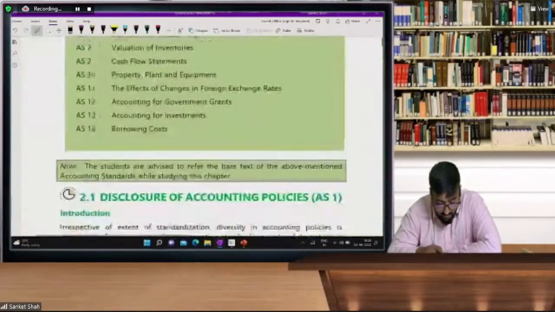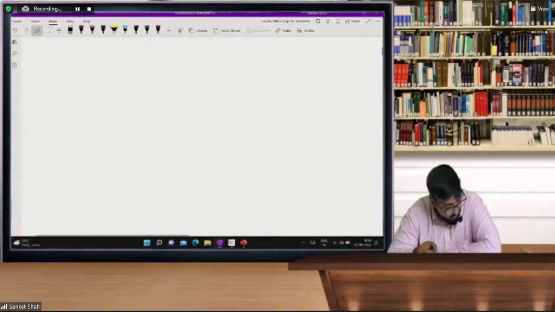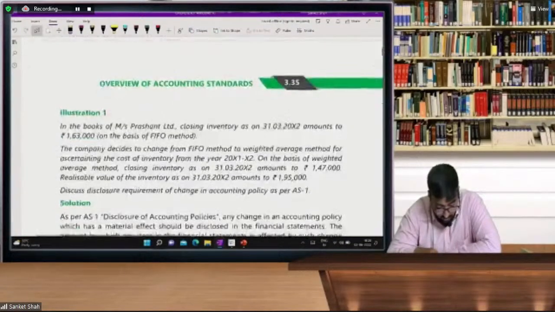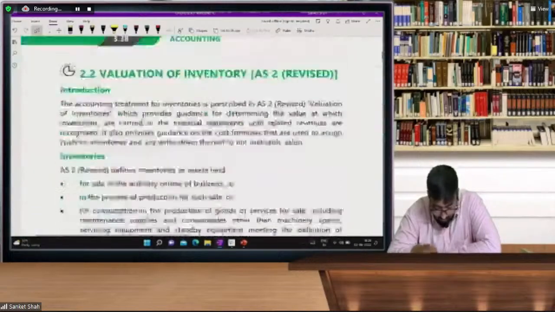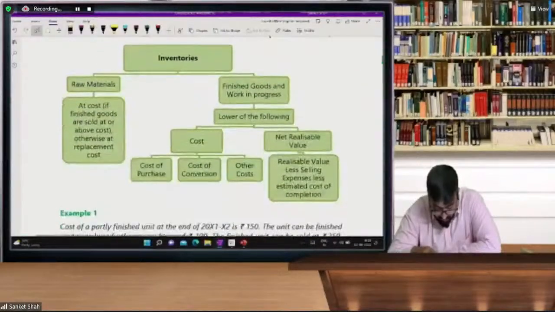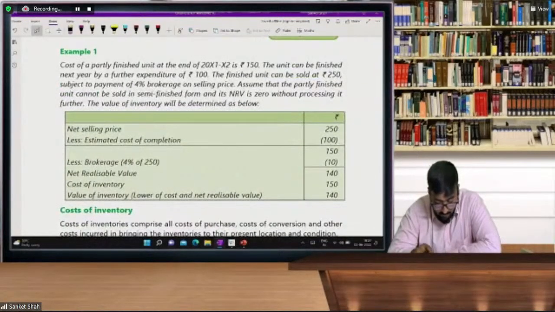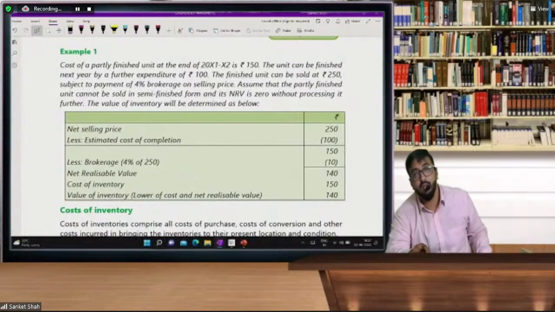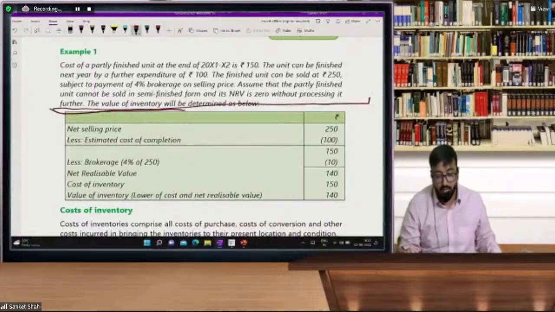Yes, and see whether you are getting it or not. 3.41. See the question. This is a question. Don't read the answer part, beta. Only read the question part.